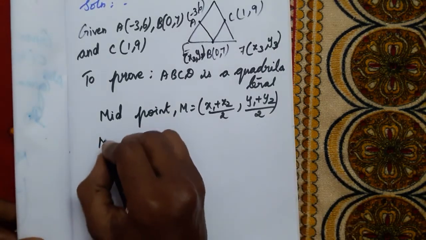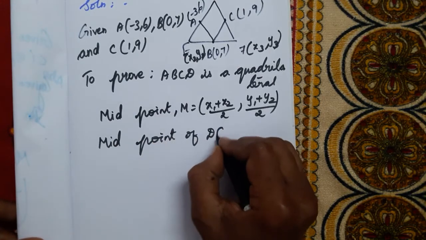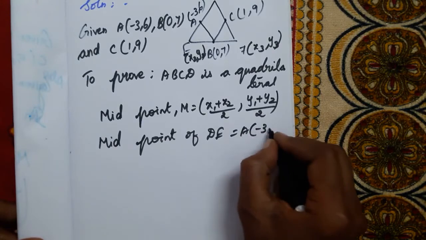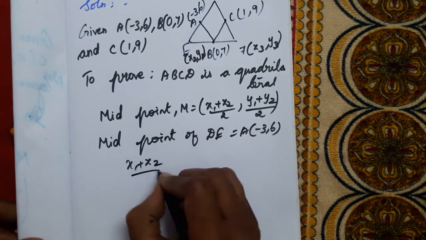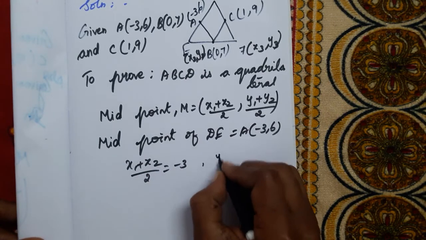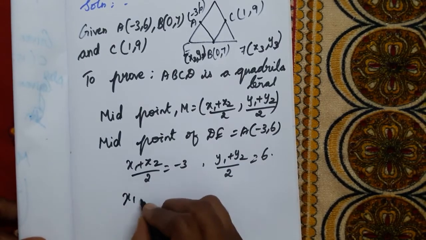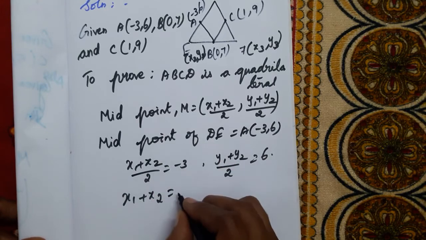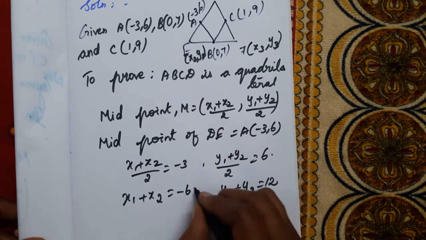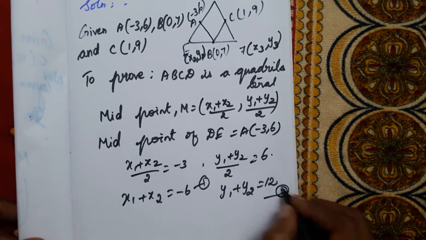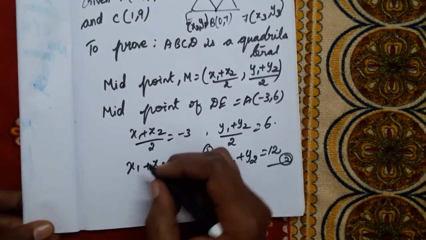The midpoint of DE is A(minus 3, 6). So x1 plus x2 by 2 is equal to minus 3, and y1 plus y2 by 2 is equal to 6. So x1 plus x2 is equal to minus 6, and y1 plus y2 is equal to 12. These are equation 1 and equation 2. Same like that, what is given? The midpoint of EF is equal to B.